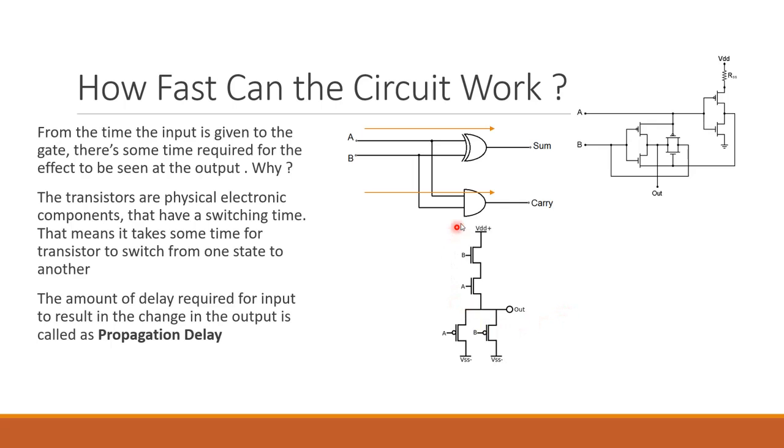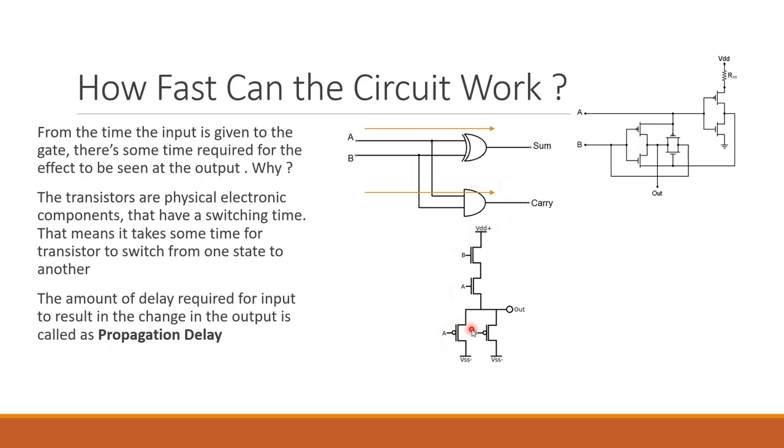For instance, this is the CMOS representation of the AND gate, while this is the CMOS representation of an XOR gate. CMOS is a type of transistor that we are using over here. There are different types of transistors like BJT, CMOS, FET, FinFET, and multiple others. This is just to show you why there is a propagation delay in the real circuits that are implemented.